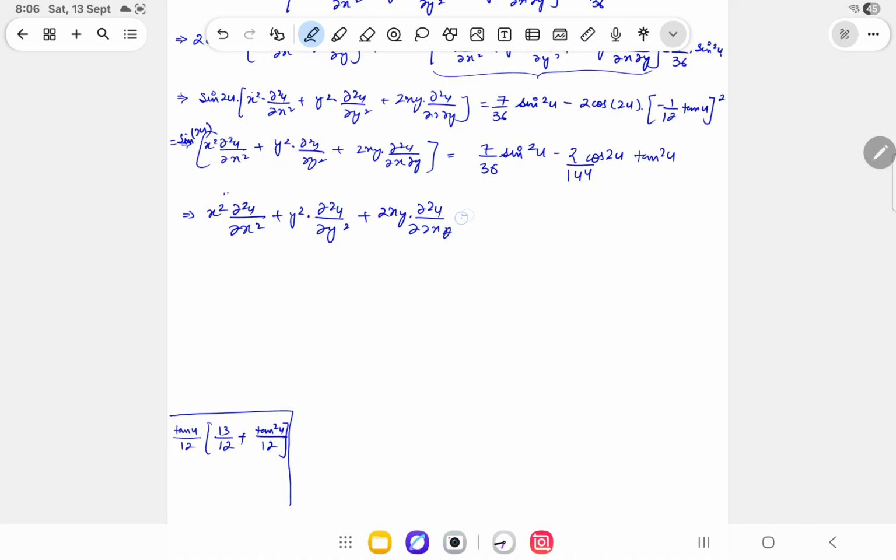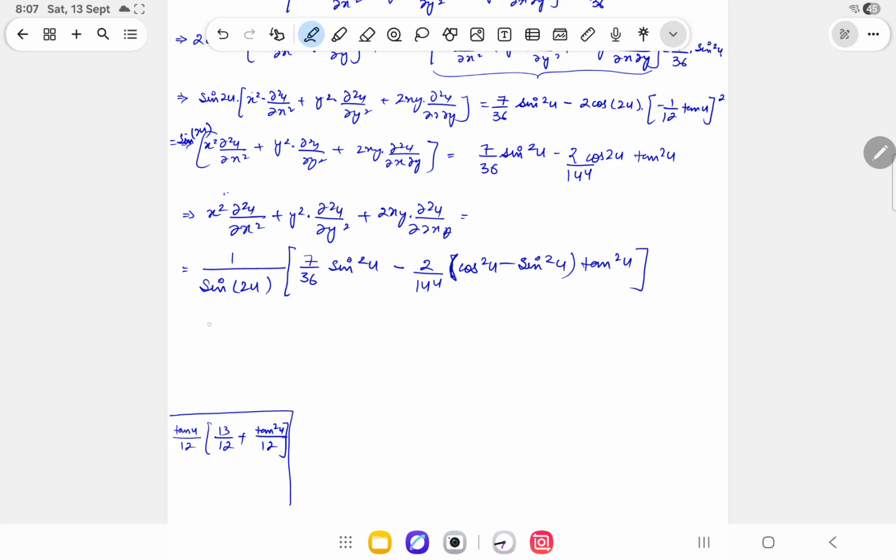So this thing will be equals to 1 by sin 2u into 7 by 36 sin square u minus 2 by 144 cos 2u. I can write cos 2u as cos square u minus sin square u into, we have tan square u.